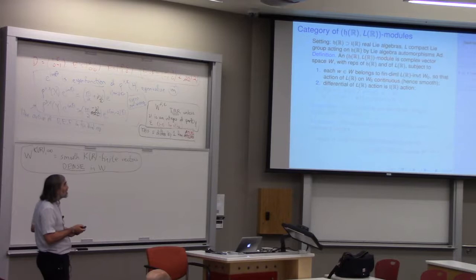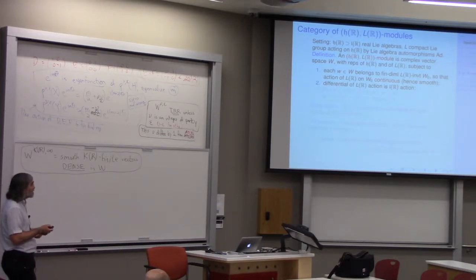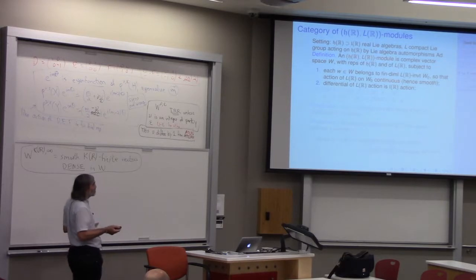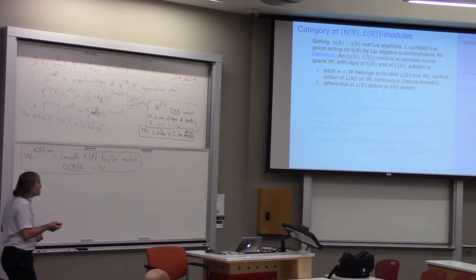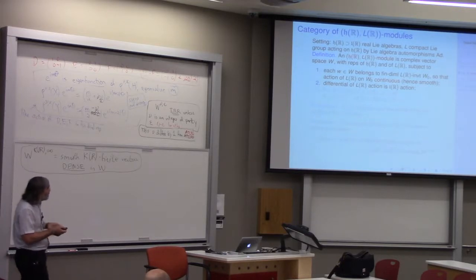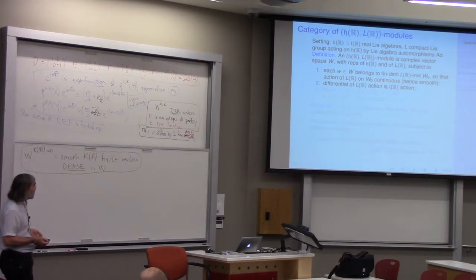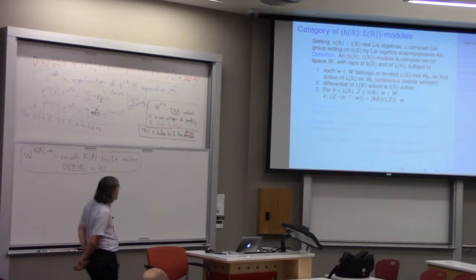Well, a continuous finite dimensional representation of a Lie group is automatically smooth, analytic, so I can differentiate it and get a Lie algebra action. And the second condition is that this differentiated action is the restriction of the h action. And then there's some strange compatibility condition that I'm not going to worry about.